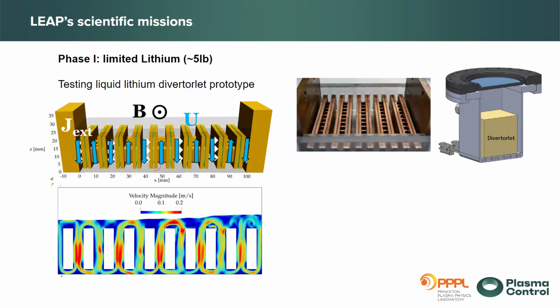There you can put something like a divertlet, which is a small section of a conductor, into the LEAP test bed, which I'm showing on the right, and observe the velocities, temperature, and heat transfer efficiency with the liquid lithium.